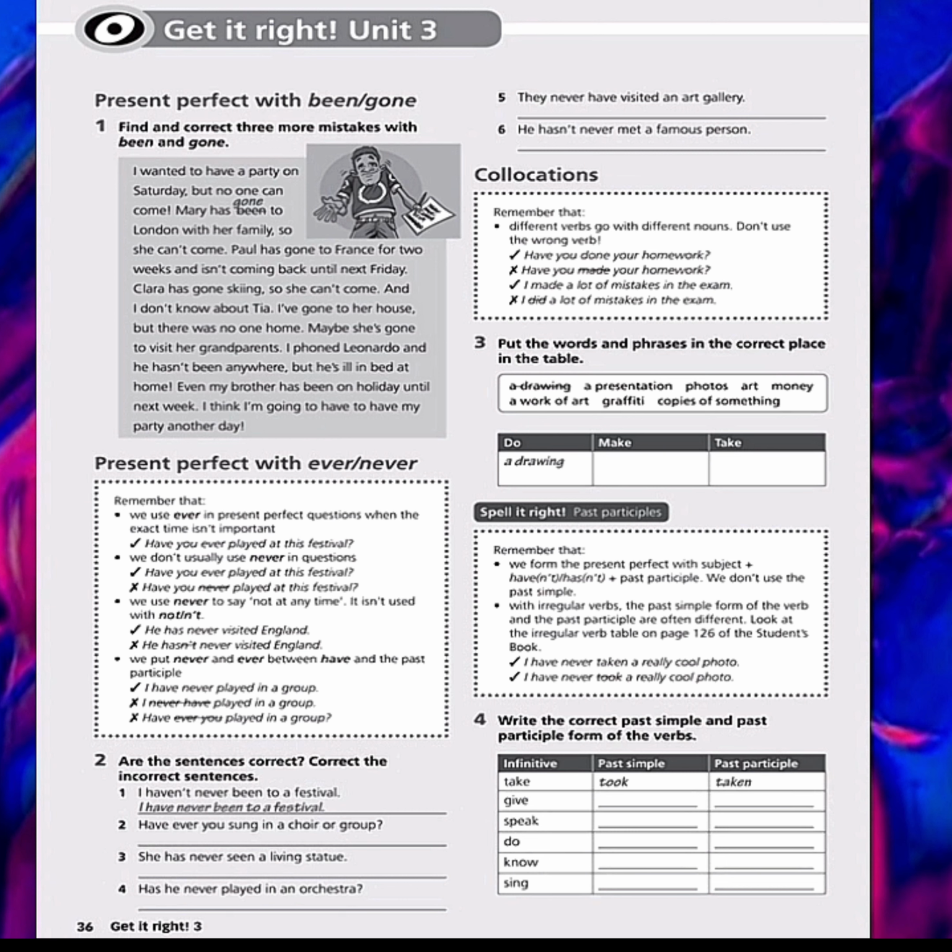Do a drawing. What do you do? A presentation, or make a presentation, or take a presentation. Go ahead and put those phrases in the correct places in the table. Section 4. Write the correct past simple and past participle form of the verbs.